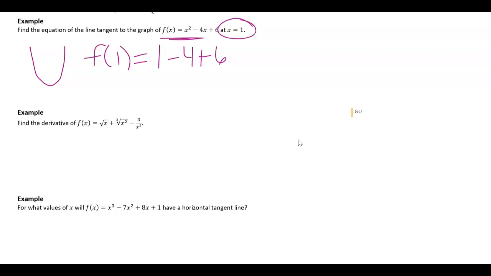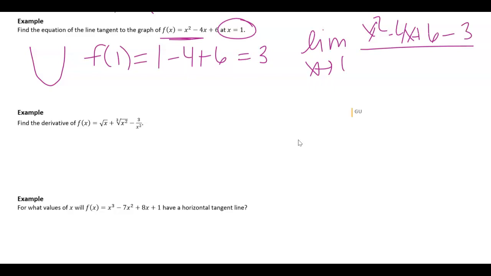I get negative 3 plus 6, I get 3 is my point. Now, when we did this last little bit, I would have had to then plug into limit as x goes to 1 of f of x minus f of 1 all over x minus 1, correct?